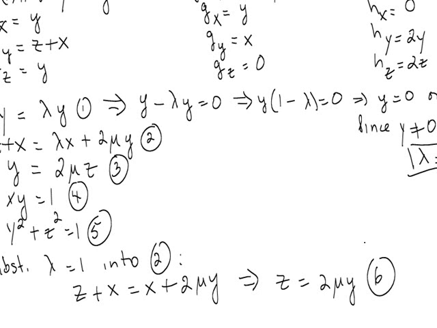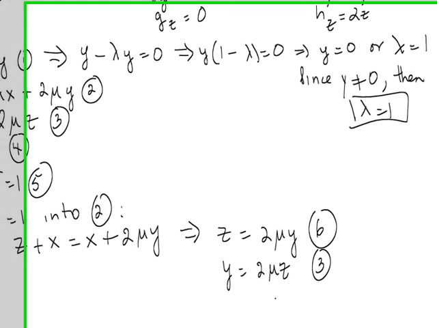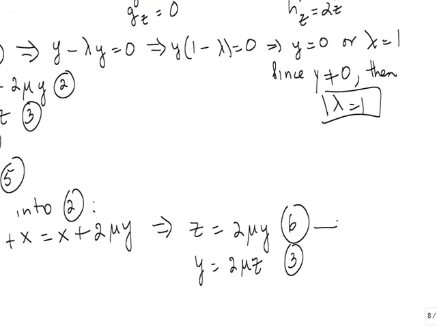And I put it to you, we can use that little trick that I showed you, where you multiply each equation by something to make them the same. And let me put 3 below there. 3 says that y equals 2 mu z, right? Can I multiply each of these equations by something to make them the same? What can I multiply if it's yes? I can multiply this by one variable. I can multiply this by one variable.